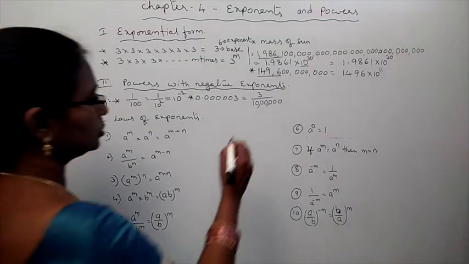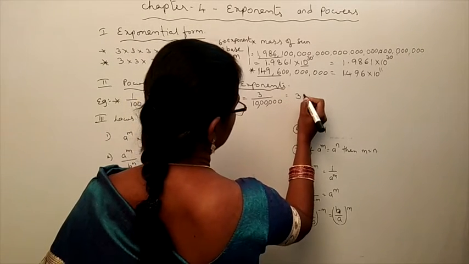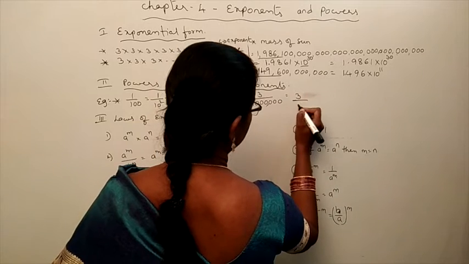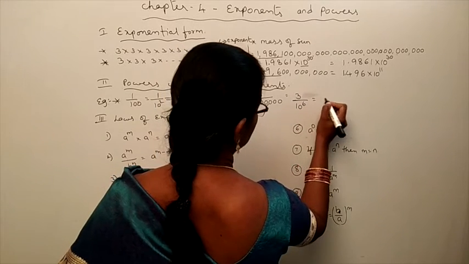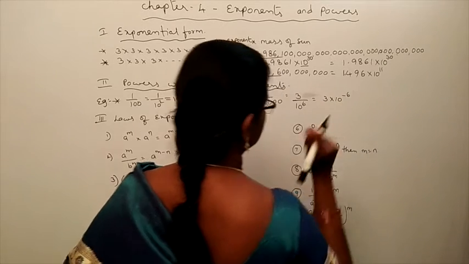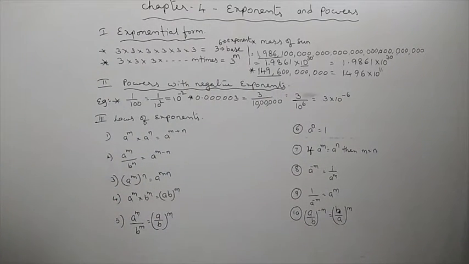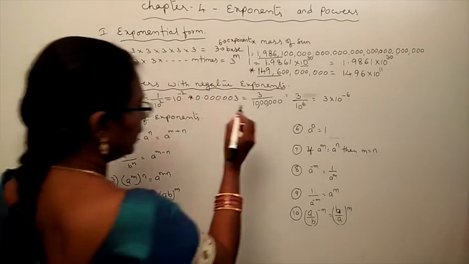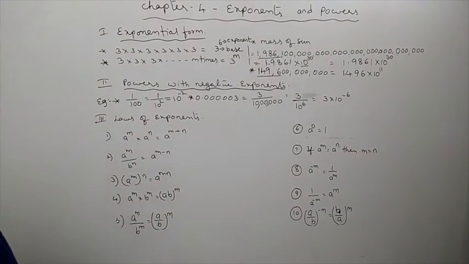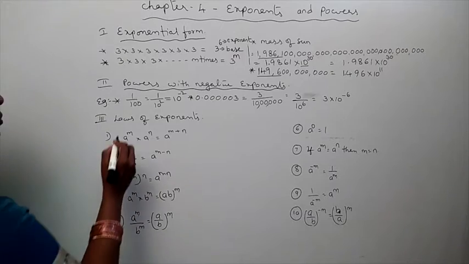Now how to write? 3 by 10 to the power of 6 is equal to 3 into 10 to the power of minus 6. Understood now? When the power of 10 is in the denominator and you write it in the numerator, the power will become negative.